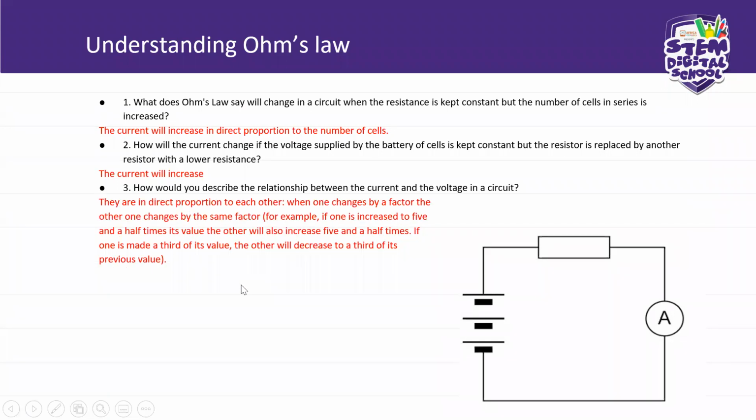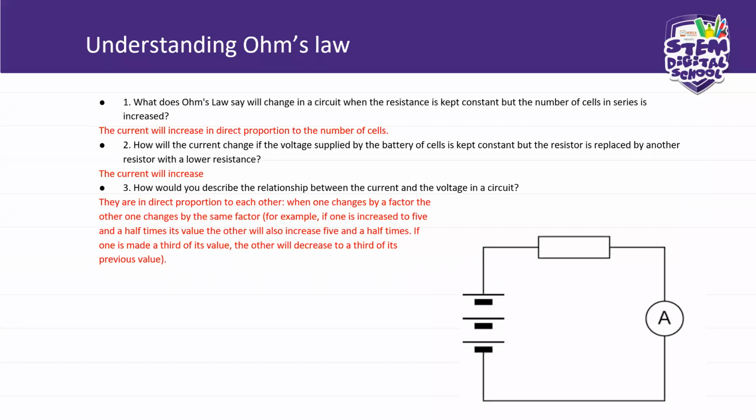Normally, without resistors, if we connect voltage and we add the voltage, the current will be increasing too. The only thing that is disturbing this relationship is resistance. If you understand that, then you'll understand Ohm's law. Okay? Current and voltage are in direct proportion to each other. That means they are working hand in hand. Okay?